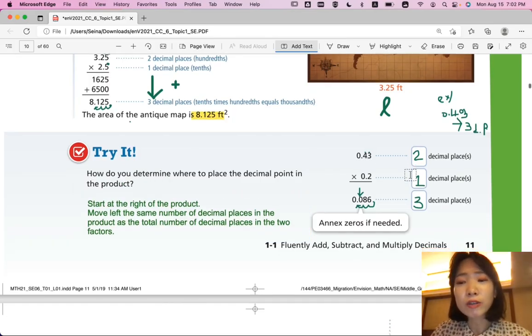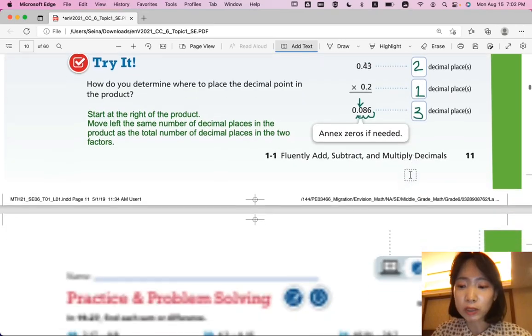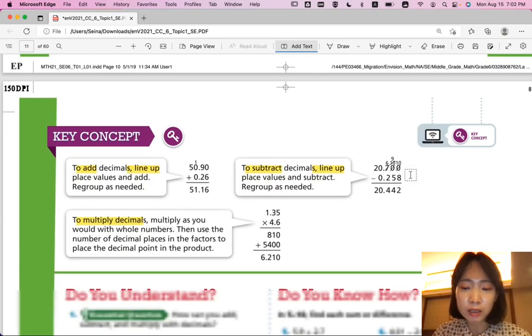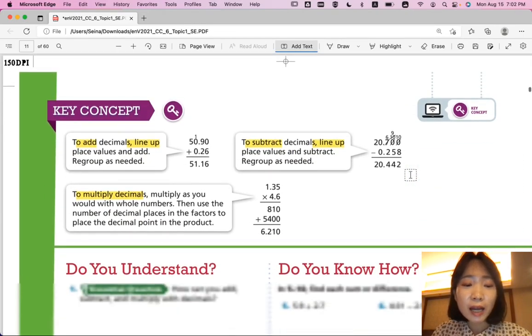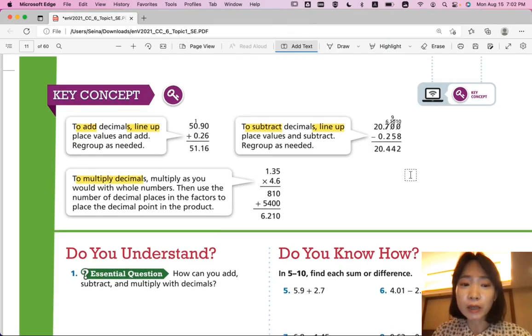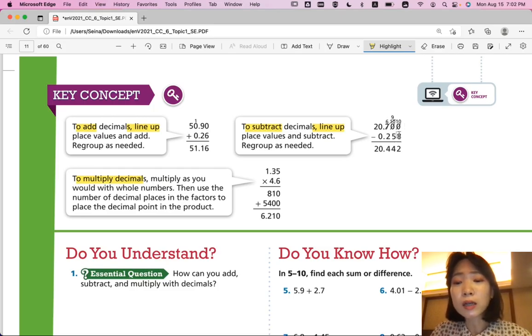All right, that was how you could multiply decimals. Let's summarize our lesson in the next page. So to add decimals, you have to line up place values and add. You have to annex zeros and regroup as needed. To subtract decimals, also line up place values and subtract. You can borrow zeros from your previous place. To multiply decimals, you're going to multiply like you would whole numbers, but you have to count the decimal places.